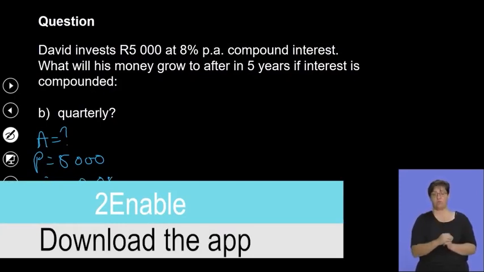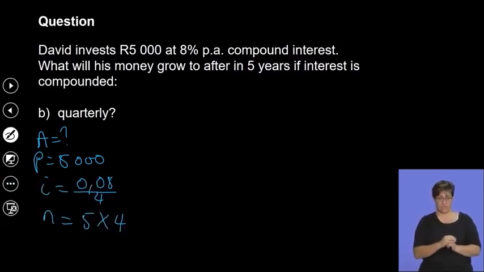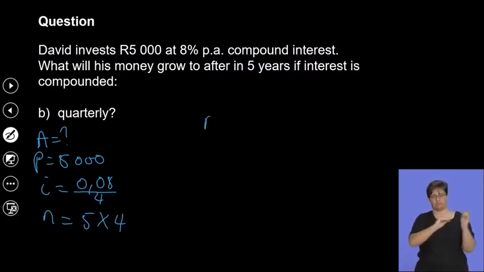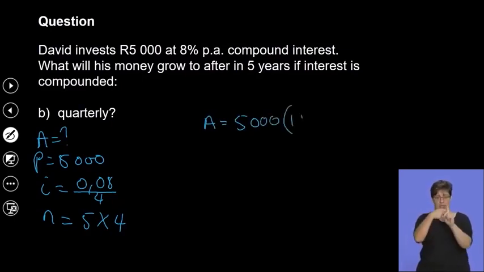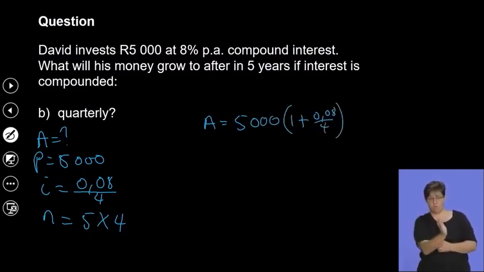Then my N will be the 5 years multiplied by the 4, because you're getting it 4 times each and every year. Then if I substitute this in my formula, it will be A equals 5,000, open bracket, 1 plus the 0.08 divided by 4 to the exponent of 20 there.